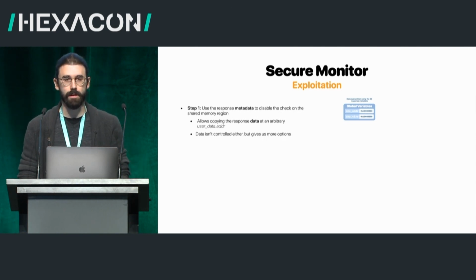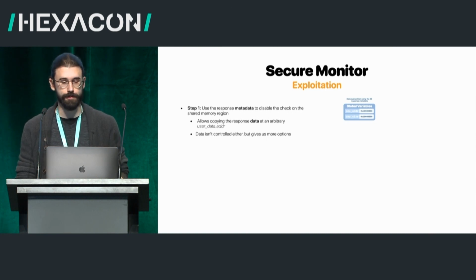As I said, we can write the response metadata anywhere we want, but we don't control the content of this metadata. We didn't find a way to hijack the execution flow directly using only this, but it allows us to get rid of the check on the response data address.